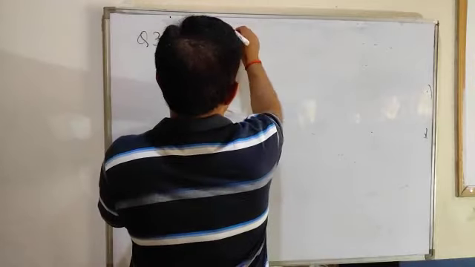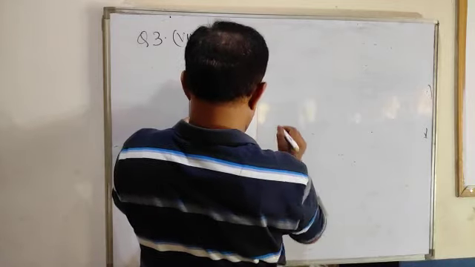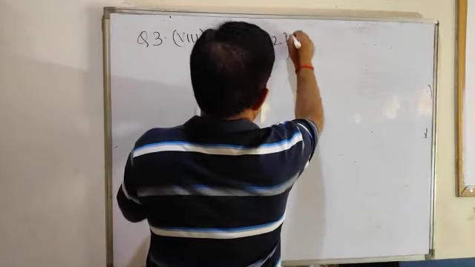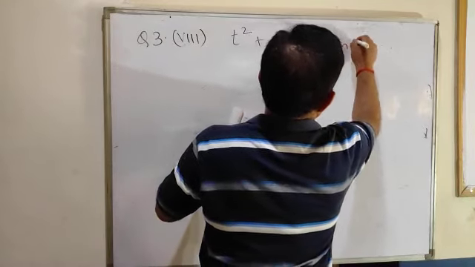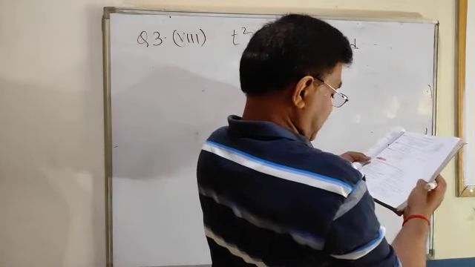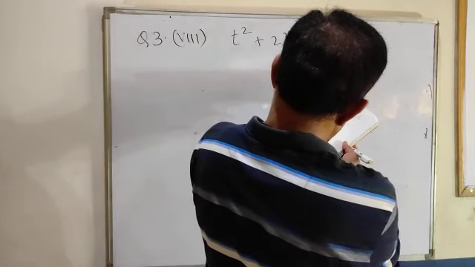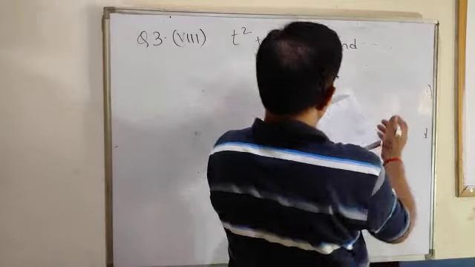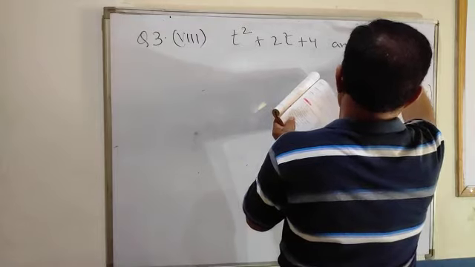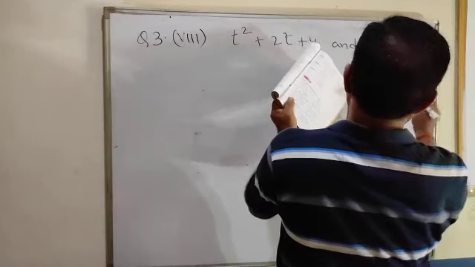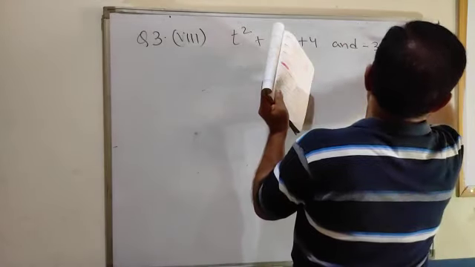t square plus 2t plus 4 and minus 3t square minus 2t plus 4.